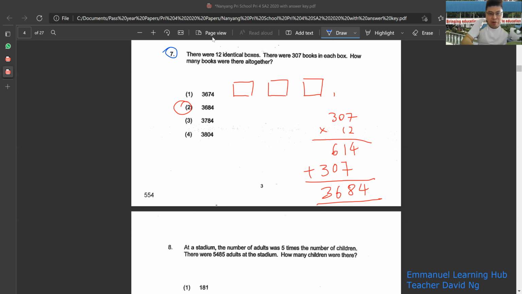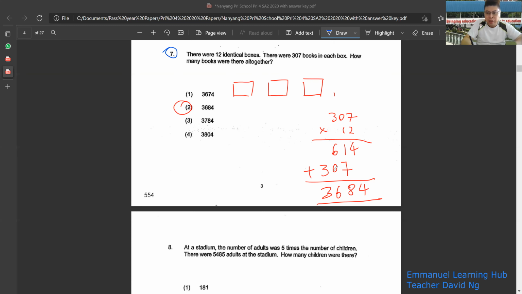How did you get 3784, by the way? At the second one, I wrote 3170. Why do you write a 1 here? 0 times 1 is 0.